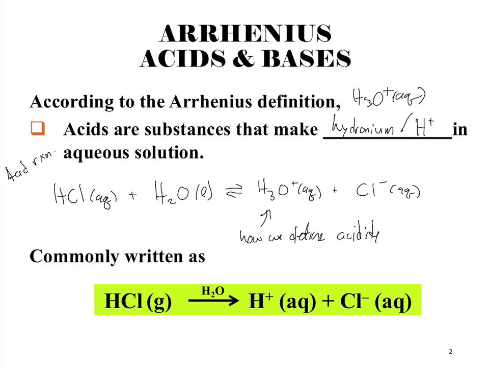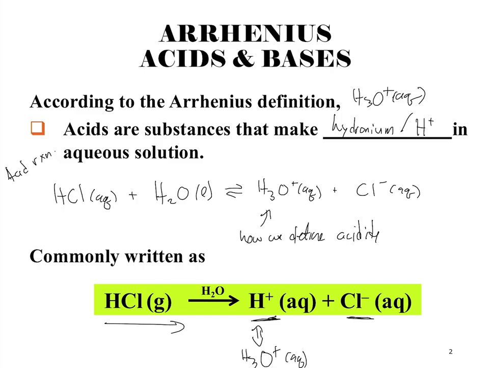Right, so it generates H3O plus, which is called hydronium, or it's commonly written that when you put this into solution, you just get an H plus and a Cl minus. Right, H plus is used interchangeably. This is used the same way H3O plus is used.